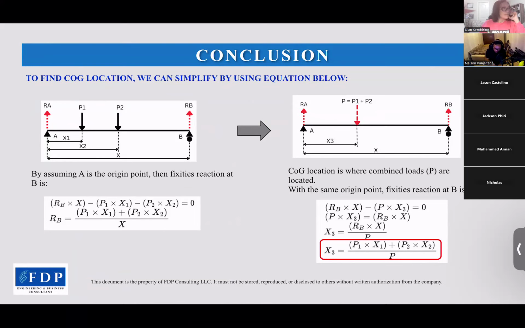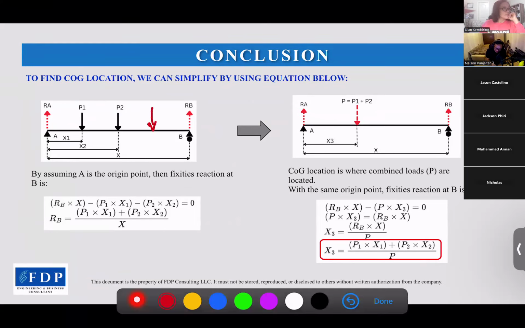If P3 is heavier than P1 and P2, then the COG will be close to P3. This formula will lead us to get the COG close to P3.